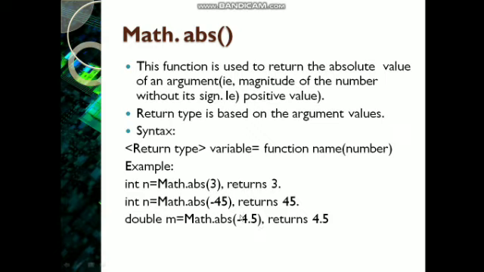It takes out the negative sign and returns the positive of minus 4.5, that is 4.5. And we'll see another example. Double m is equal to Math.abs of 100.0, and the positive value of 100.0 is, yes, 100.0 itself. So the abs function will return only the positive value of the number it takes, and its return type is based on the value it takes. Integer means it returns integer, double means it returns double.